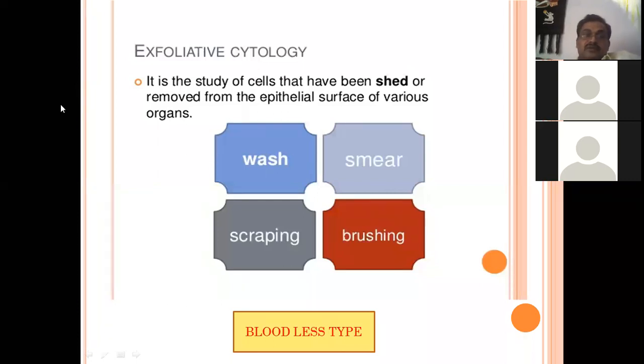But finally you have to do a confirmatory diagnosis with the help of other techniques. So simply, exfoliative cytology is the collection of exfoliated cells from the body and study under the microscope. These samples can be obtained by washing, scraping, or brushing. It may be saliva, it may be sputum. So that is exfoliative cytology.